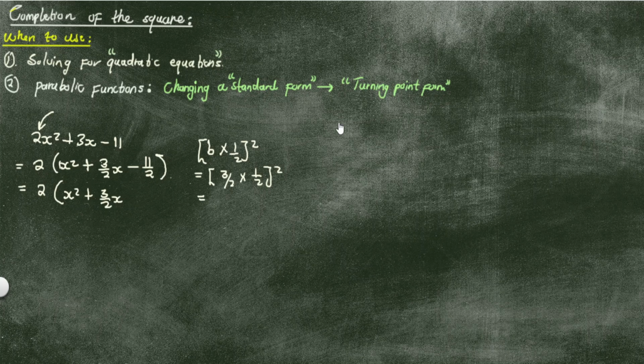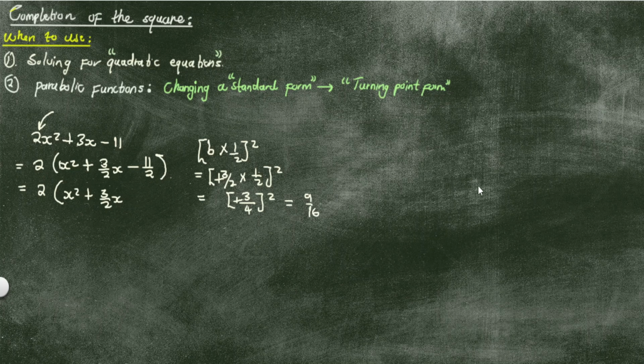Therefore 3 times 1, that's 3, over 2 times 2, that's 4. Then you square, so 9 over 16. So it's plus 3 over 2 x, plus 3 over 4 times a half, so plus 9 over 16.